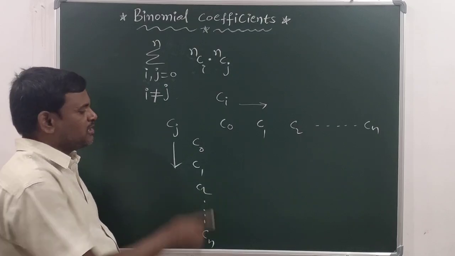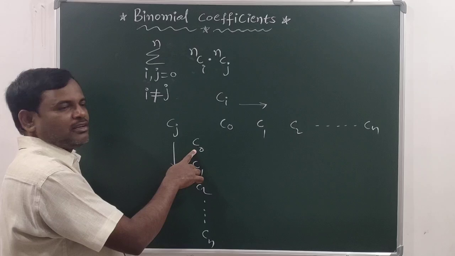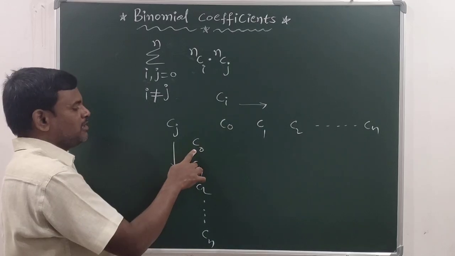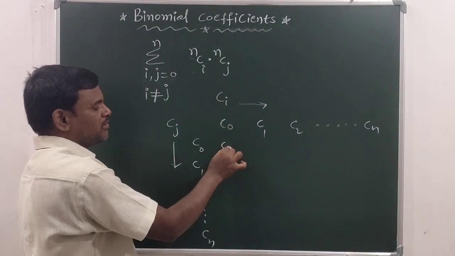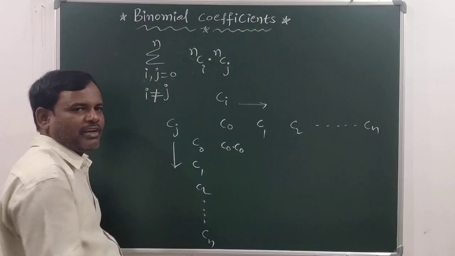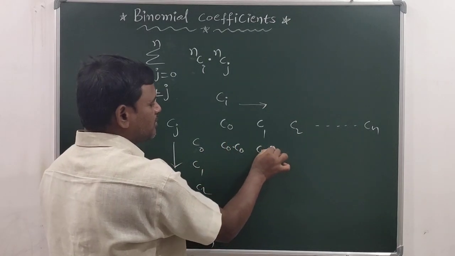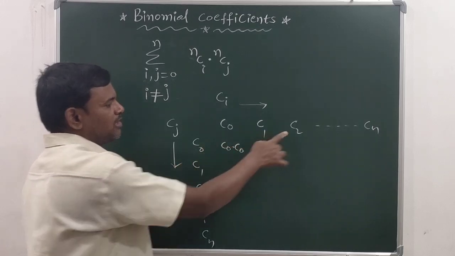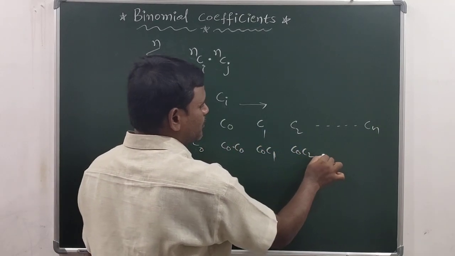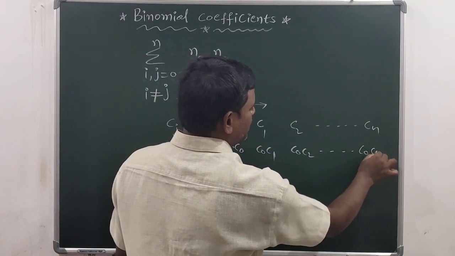Okay, students, see here, Ci Cj. So C0 into C0, C0 square, C0 into C1, C0 C1, C0 into C2, and so on, C0 into Cn.